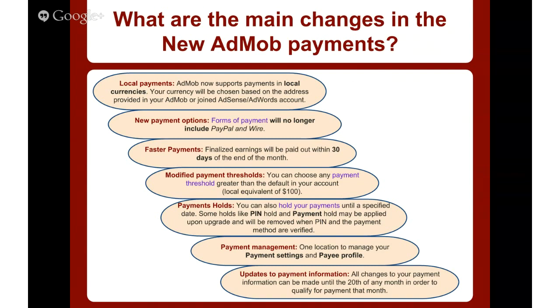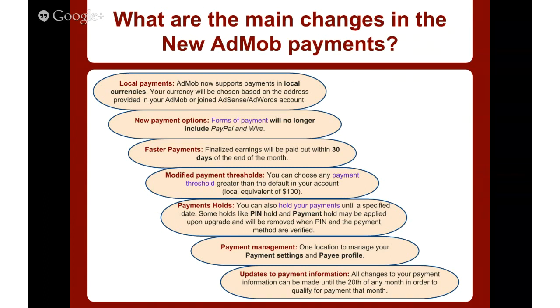However, upon the upgrade, your AdMob accounts get merged together with your AdSense or AdWords account if you had one. The address may be picked up from your existing AdSense or AdWords account. If you wish to change it, you can always go back and change it in your AdMob account.